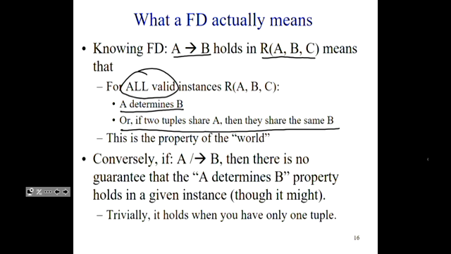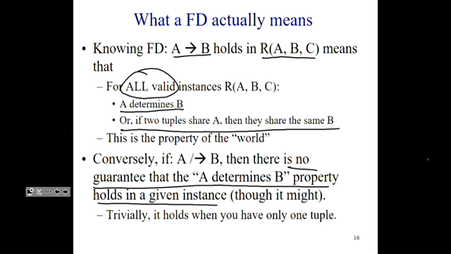On the other hand, if A does not imply B, there is no guarantee that the property holds in a given instance. What that means is that if A does not determine B, then you don't know whether, for a given instance, A determines B or not.